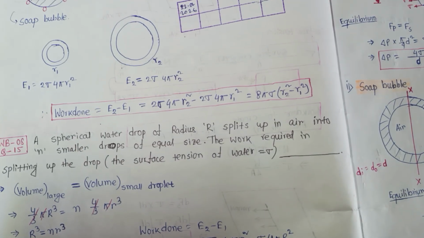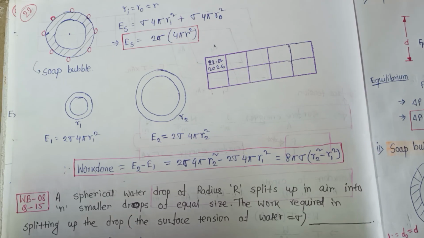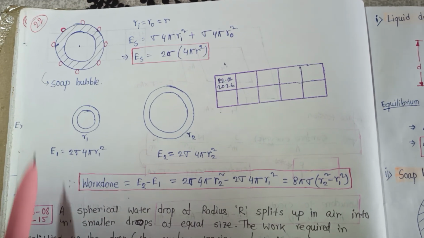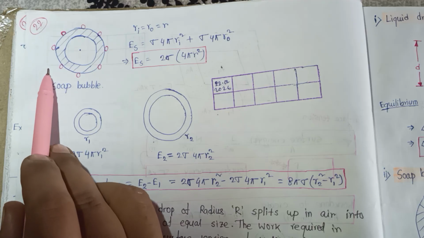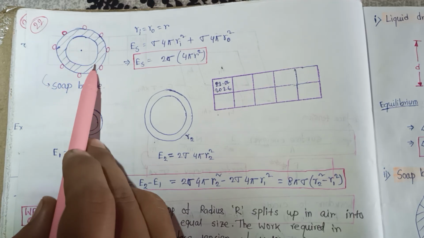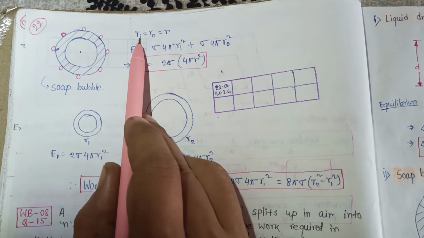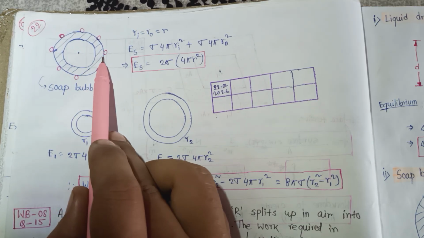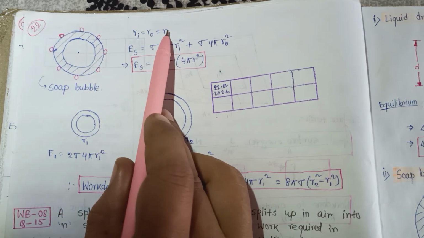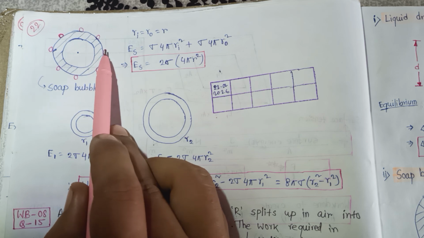And for a soap bubble, so here this is a soap bubble. For a soap bubble, there is air inside and there is air outside, so there is a thin layer in between. Consider the inner radius, this radius, and the outer radius, this radius. Consider this is the same because this layer is very thin.